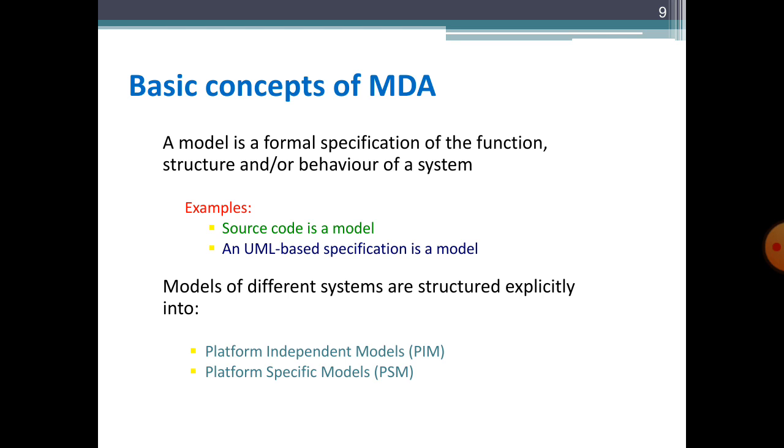Once the first iteration is complete, the next model is the platform specific model. The platform independent model serves as an input to the mapping step, which produces a platform specific model. So we can say that coding is partially automatic and partially handwritten in this approach. A platform independent model can be mapped either to a single platform or to multiple platforms.